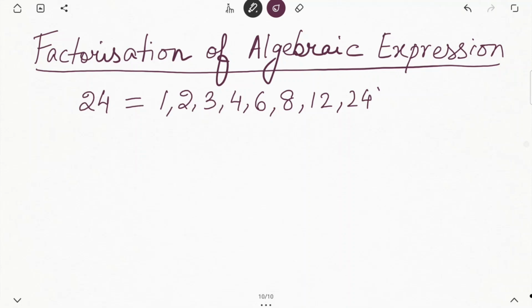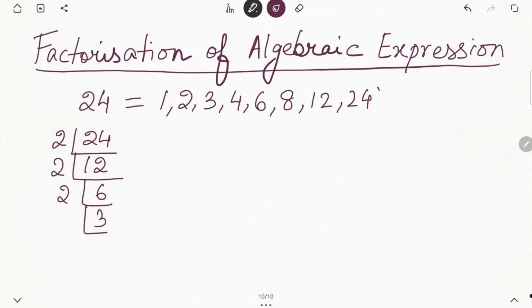Again, if I ask you to find the prime factors, I have to factorize 24 by prime factorization. After prime factorization I can write 24 equals 2 into 2 into 2 into 3.